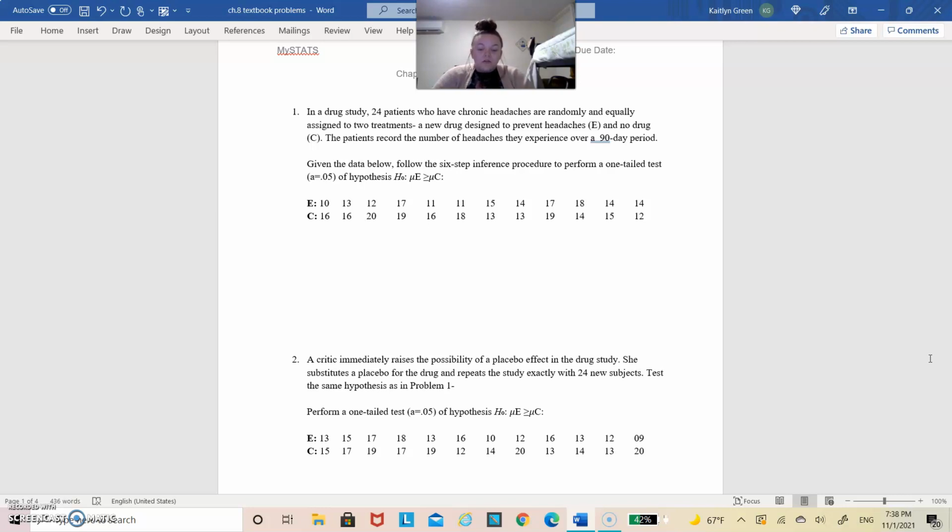So the t for 2 equation is going to look something like t equals x bar 1 minus x bar 2, divided by the standard deviation of x bar 1 minus x bar 2. The standard deviation for the denominator is going to be the square root of 2.588 squared plus 2.644 squared, divided by 12, which is the number of patients in each group.